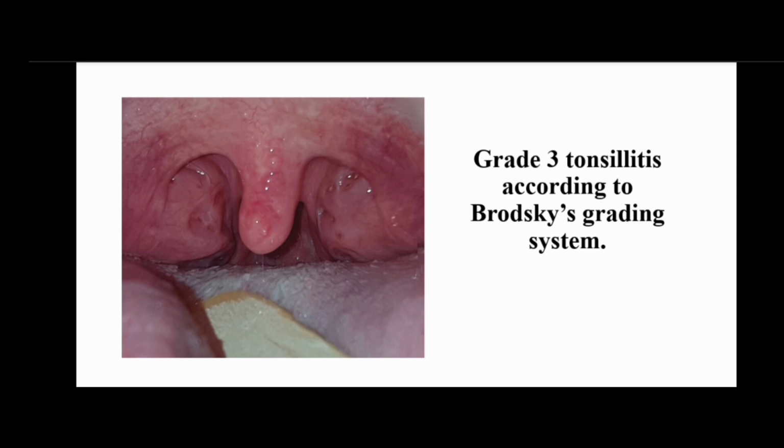Here you can clearly see it is grade 3 tonsillitis according to the Brodsky grading system.